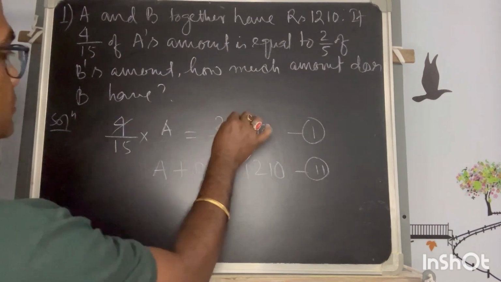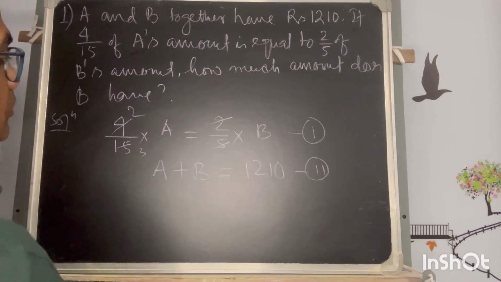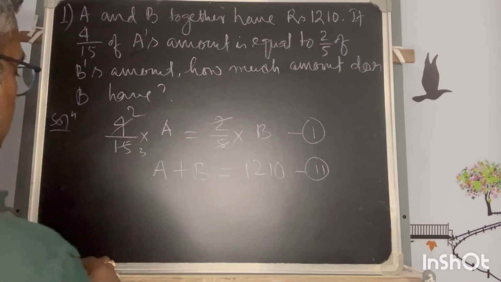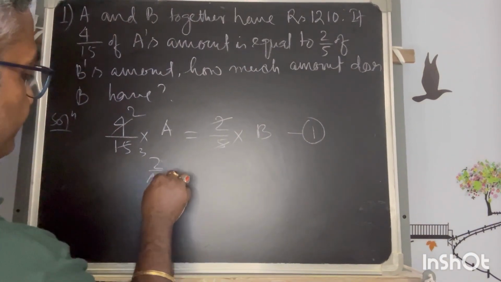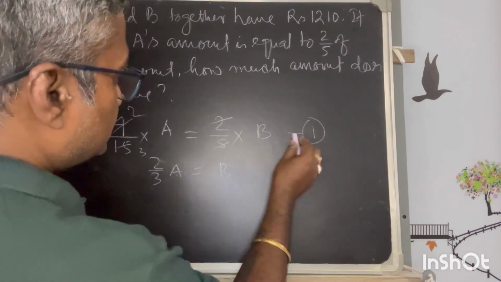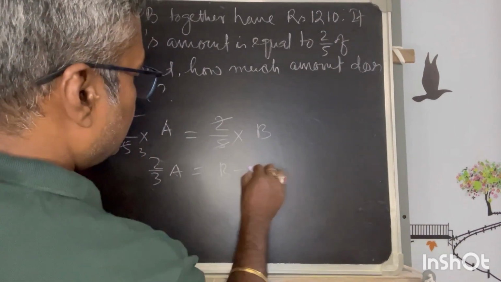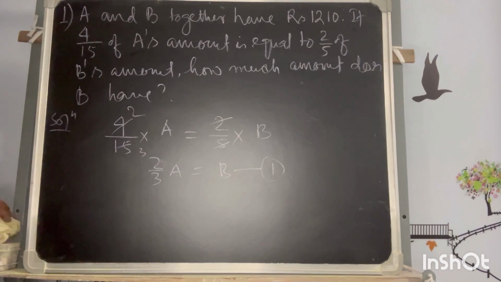So you can reduce it to 2/3 of A. This can be reduced further for calculation's sake: 2/3 of A is equal to B. This is your final equation after the reduction of the numericals.